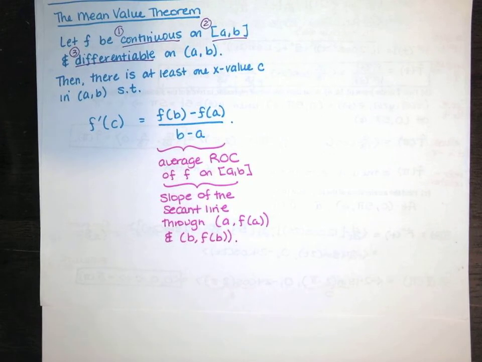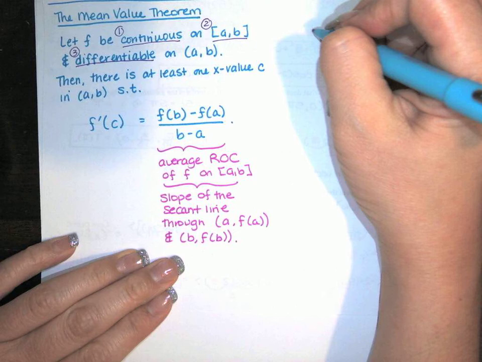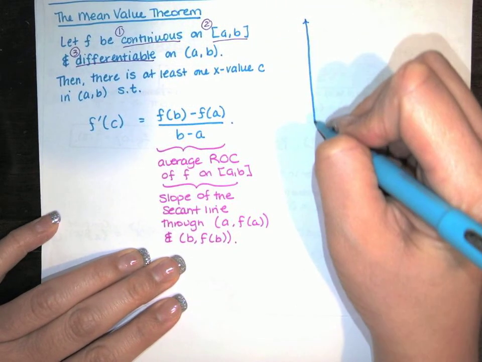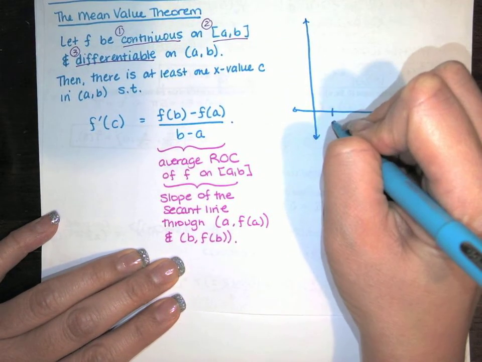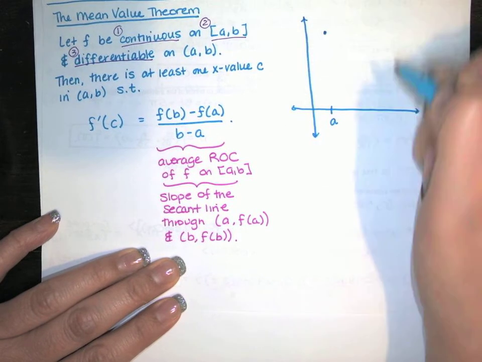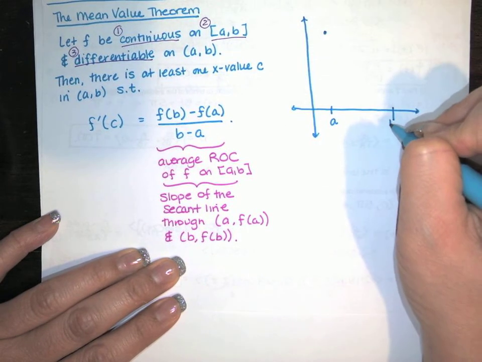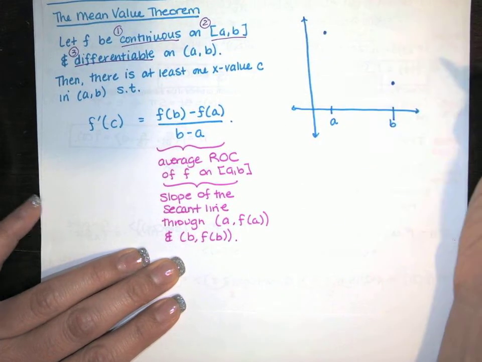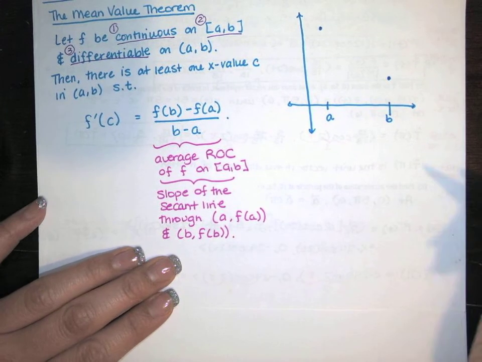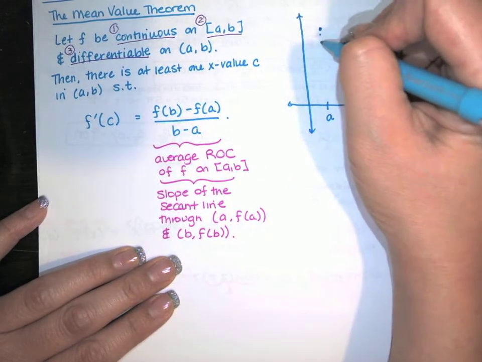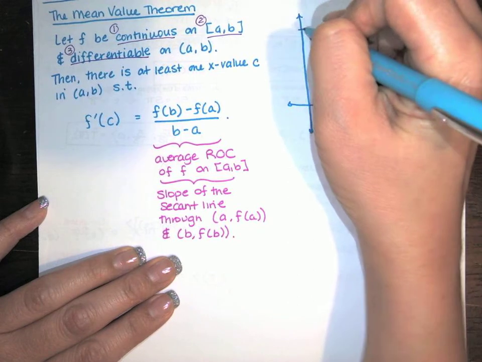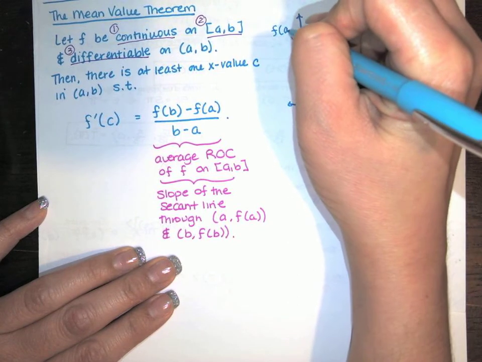Okay, so the mean value theorem says if our function is continuous on the interval from a to b, so it can all be drawn in one piece, and it's differentiable, so there are no sharp corners.